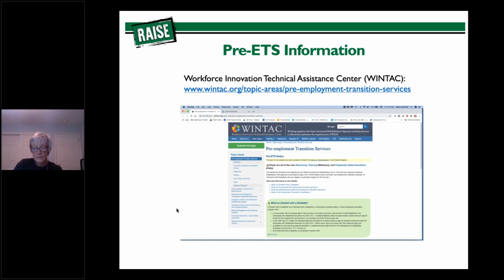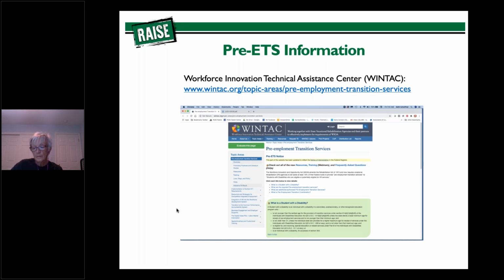We have a training called a Family Employment Awareness Training that we do 3 of across the state, and it's a 2-day training that was developed 8 years ago, and several states are now using the same curriculum.